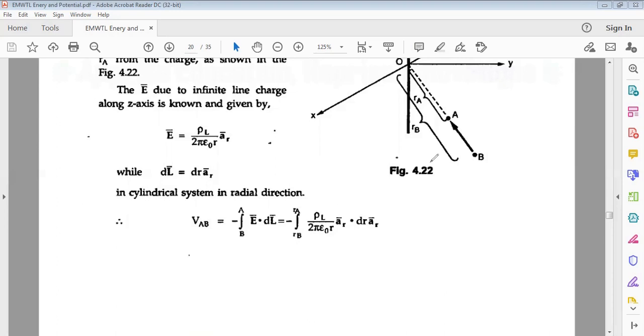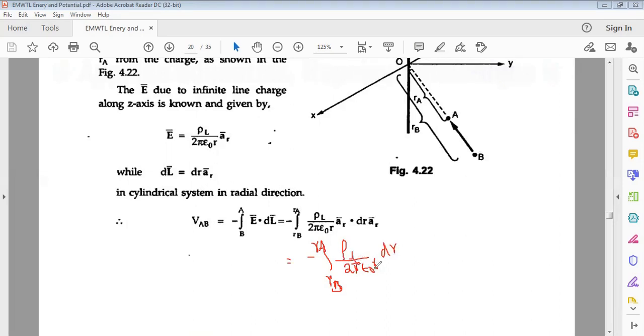The integral limits are RB at point B, and at point A the distance from the origin is RA. So it becomes minus the integral from RB to RA of rho L by 2 pi epsilon naught R times dR. Got it, participants?